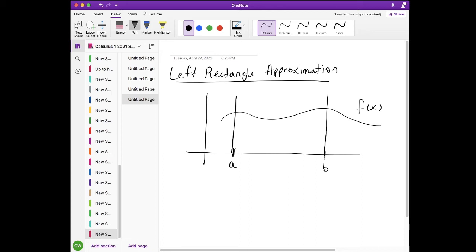So what would make it very nice, if I were to approximate this with rectangles, how can I simplify my calculation? If area is length times width, and I'm going to add up a bunch of rectangles, what would be a method to simplify calculation?